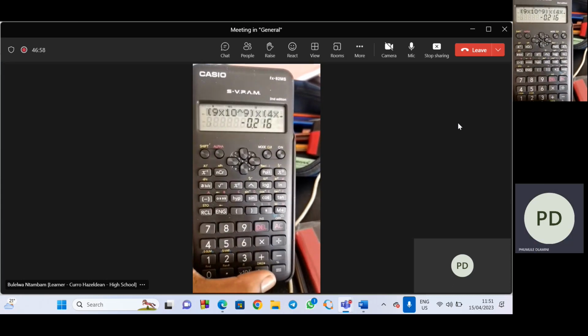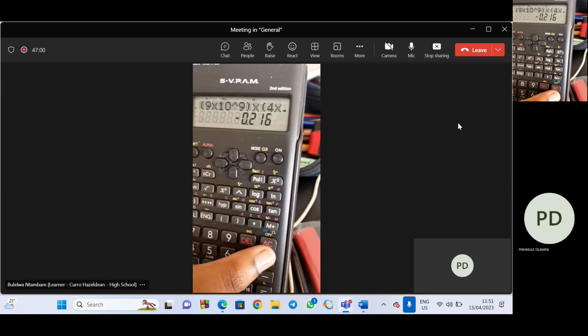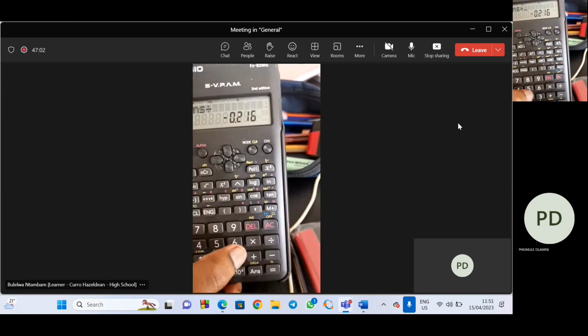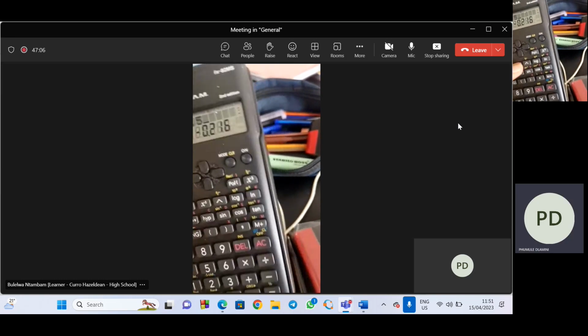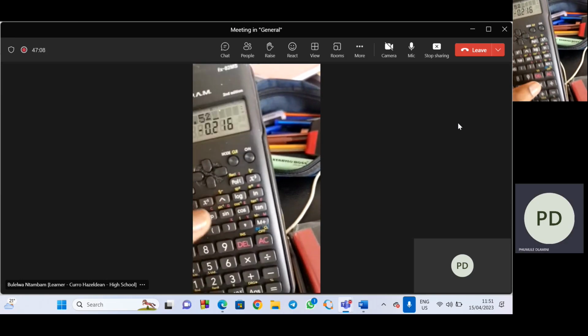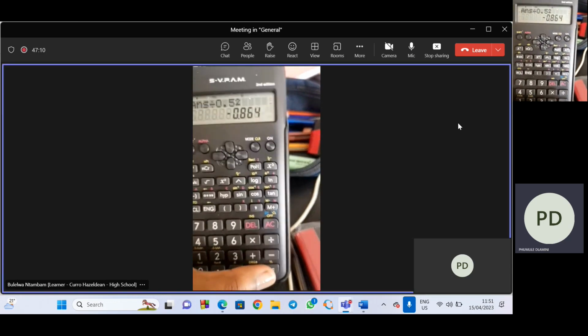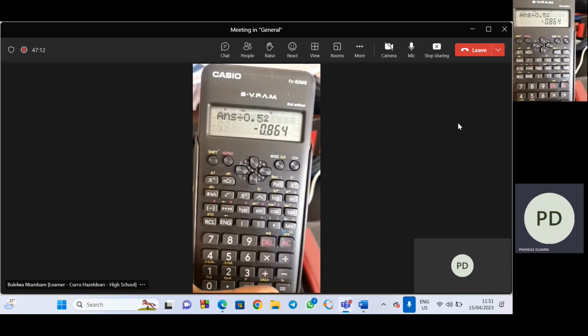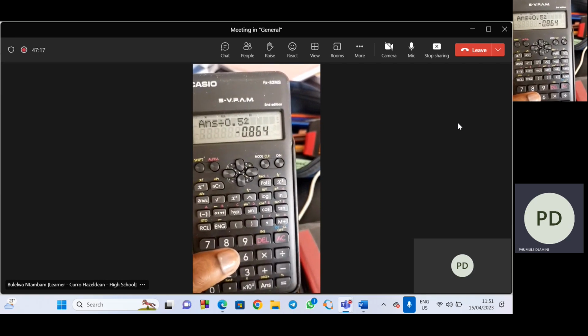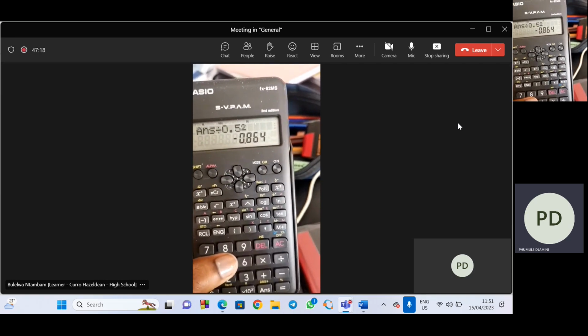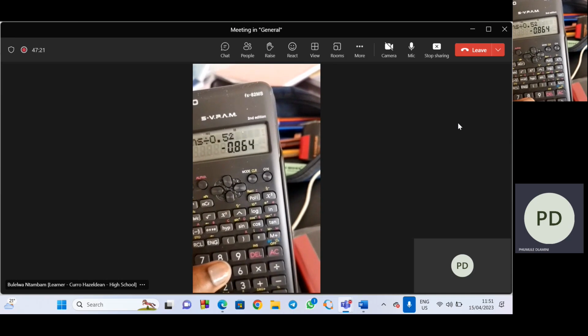Then now you can say divide 0.5 squared to the power 2. Let me see before you say the equal sign. You say the answer divided by 0.7. It gave you that answer because we are in the standard format.